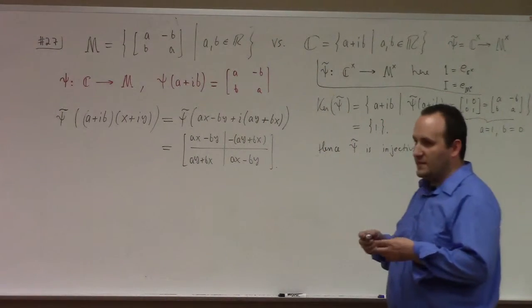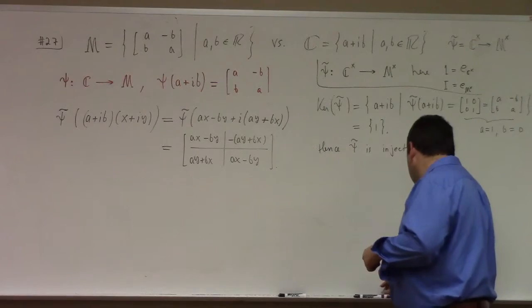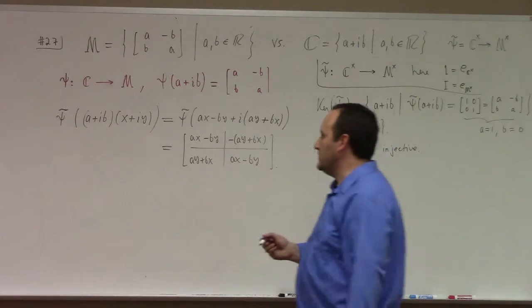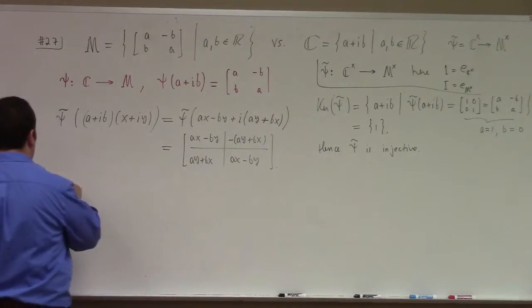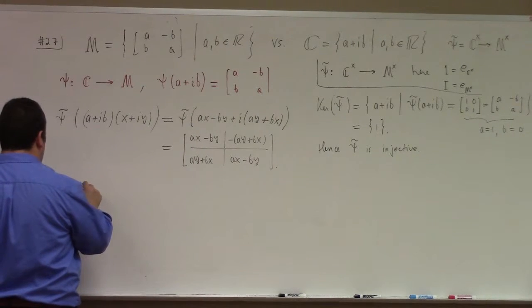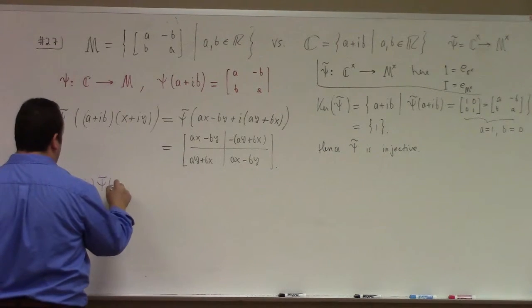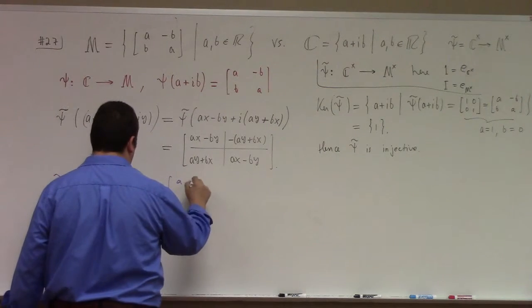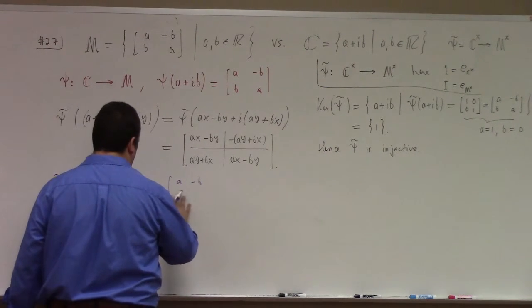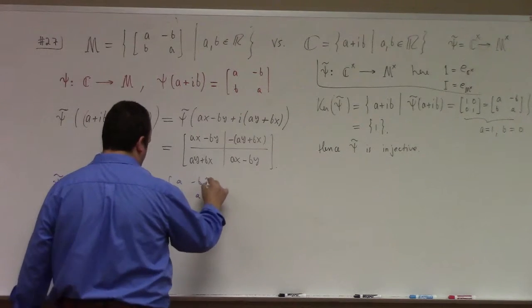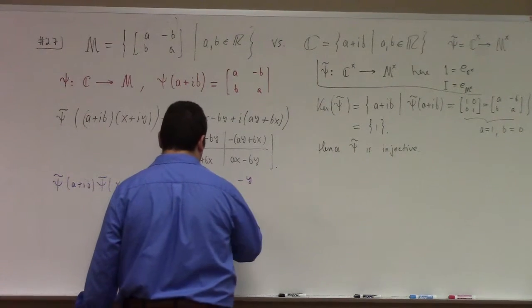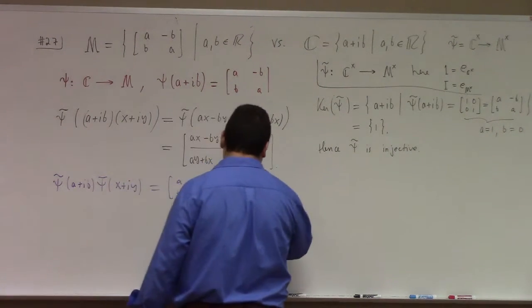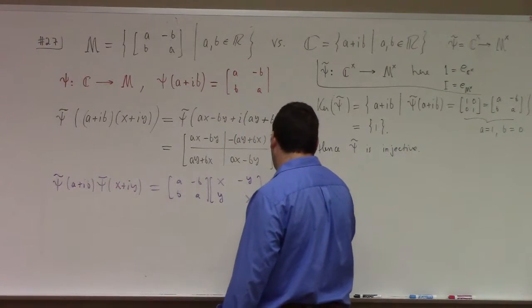Then what you want to do is meet in the middle on this one. On the flip side, psi tilde of a plus ib times psi tilde of x plus iy, what's that? It's the product of these two 2 by 2 matrices.